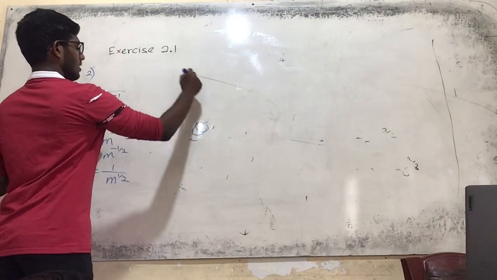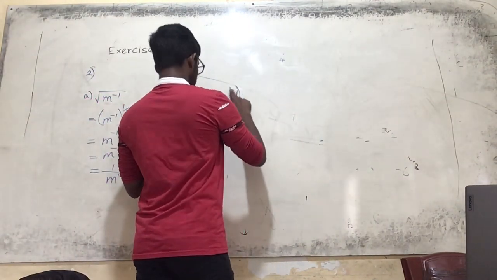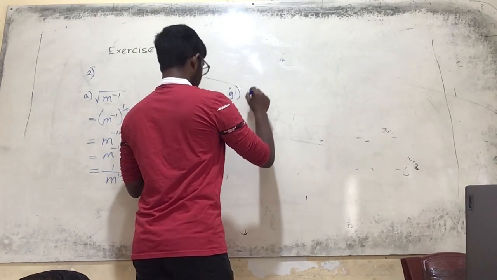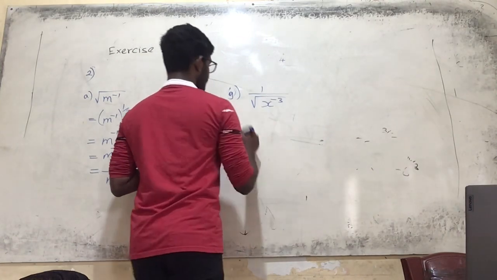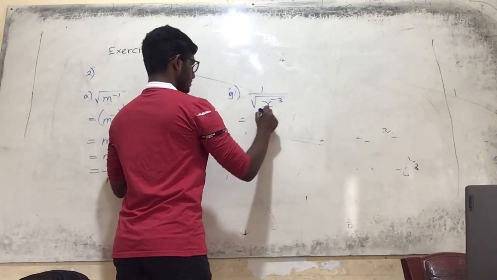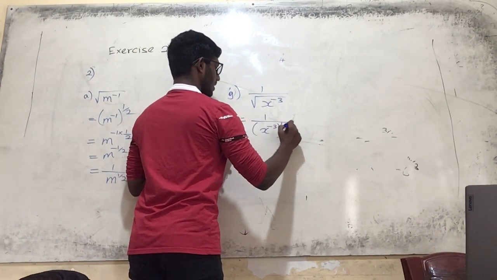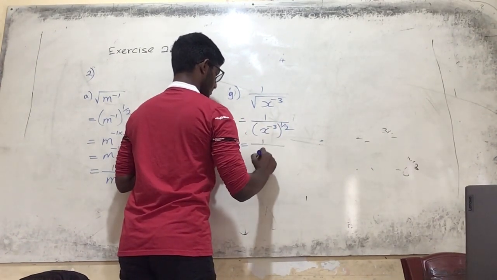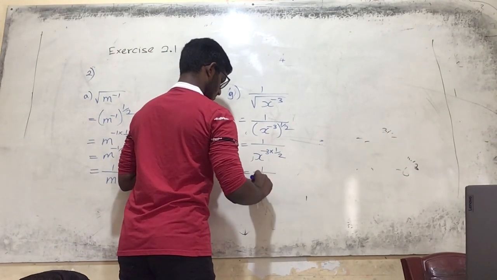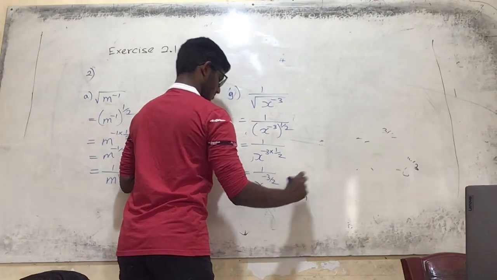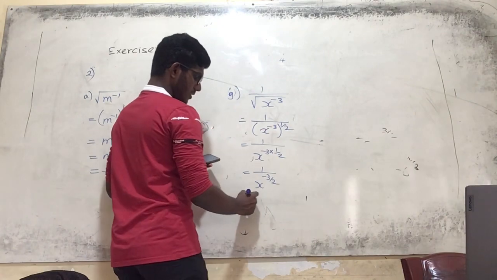So let's do G. No, it's not. Let's do G. G is a better example. But it is at the bottom. So once again, to the power half. If it is at the bottom with a negative half, you can take it to the top.